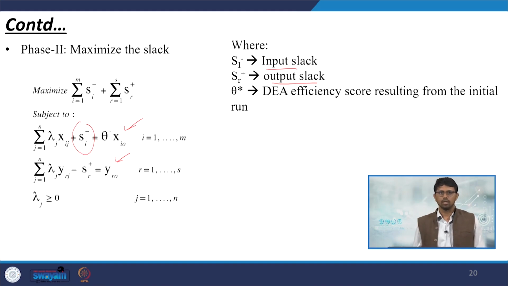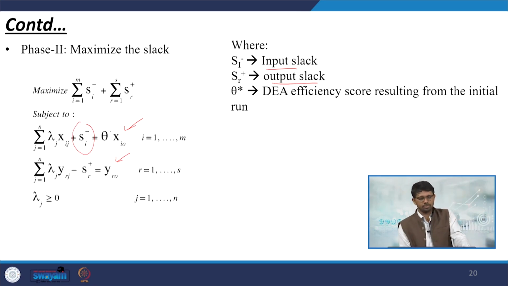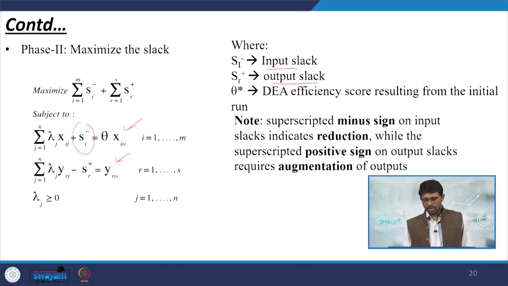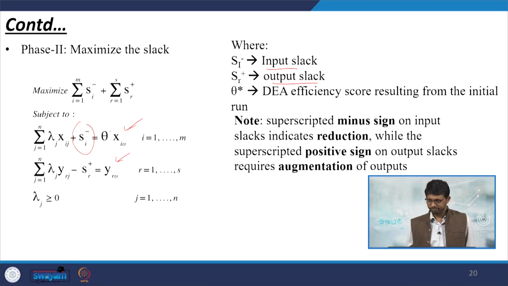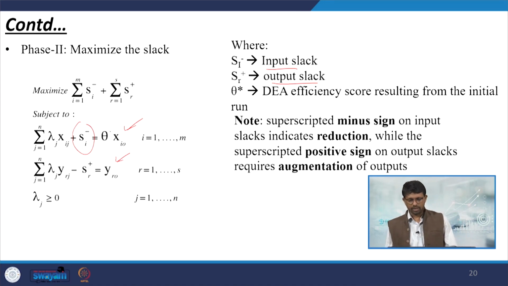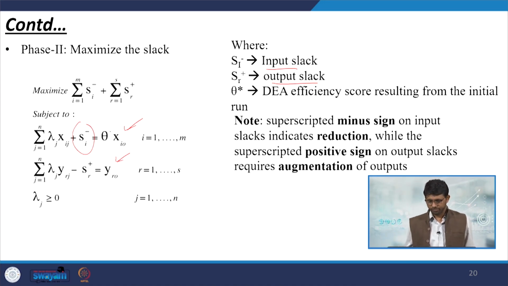initial run. First theta will derive the initial calculation, and then based on that we can restrict it to its constant function. Okay. And we have to clearly mention that the superscripted minus sign is on input and the plus sign is on output, and that is related to slacks.